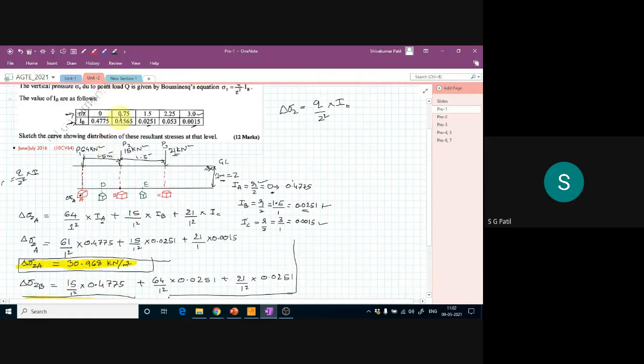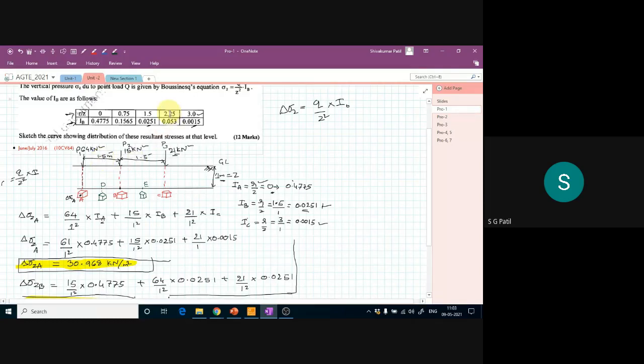Similarly, IP2 is also the same. Due to this load, R by Z is again 1.5 by 2, Z is the same. So for R by Z of 0.75, IB is 0.1565. Now due to this load, what is R by Z? 1.5 plus 0.75, that means 2.25.